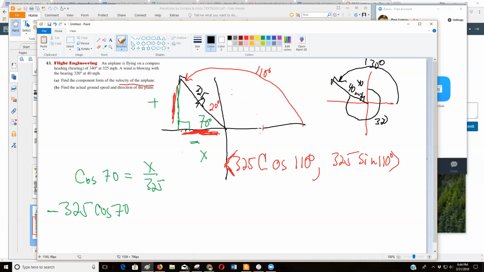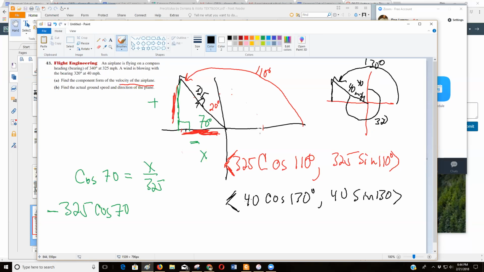So if I wanted to break that down into its horizontal and vertical components, it would be 40, which is the magnitude, the radius, times the cosine of 130 degrees, and then 40 times the sine of 130 degrees.